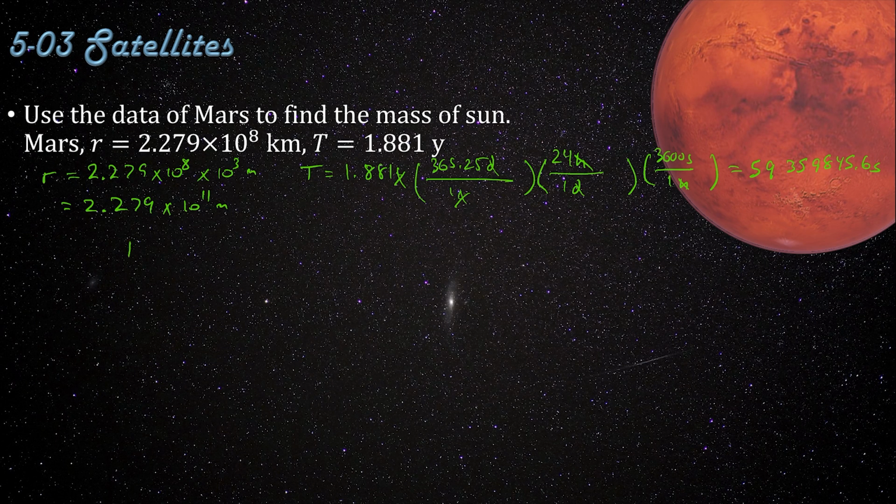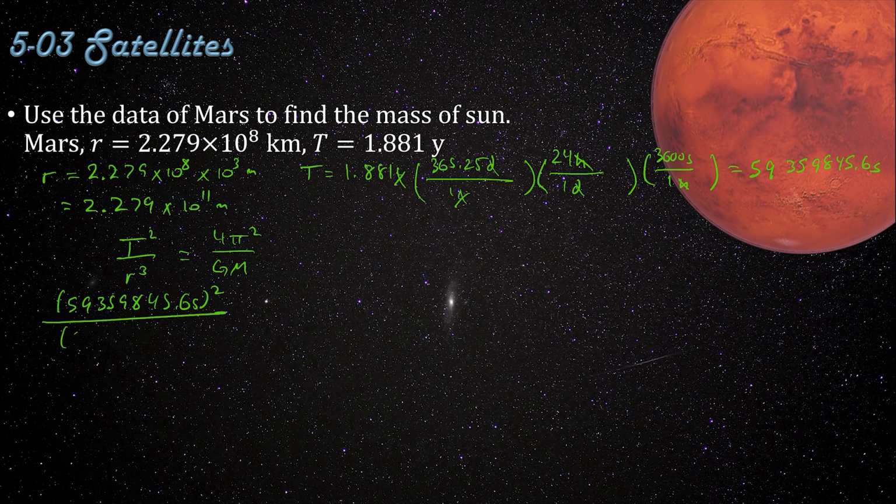All right, so it's T squared over r cubed equals 4 pi squared over GM. Our T is 59,359,845.6 seconds squared.